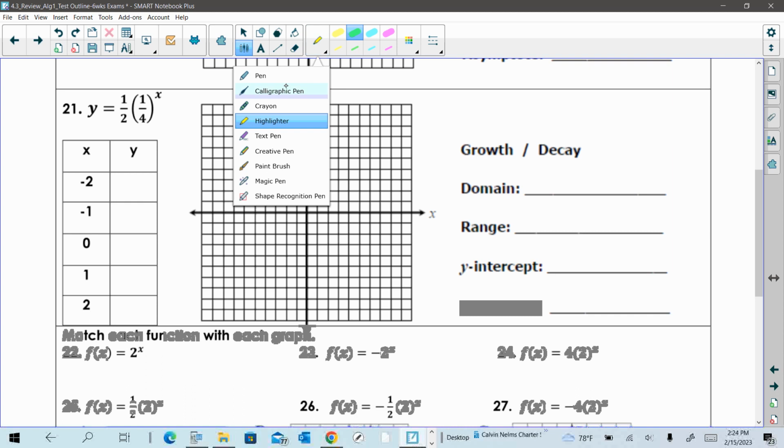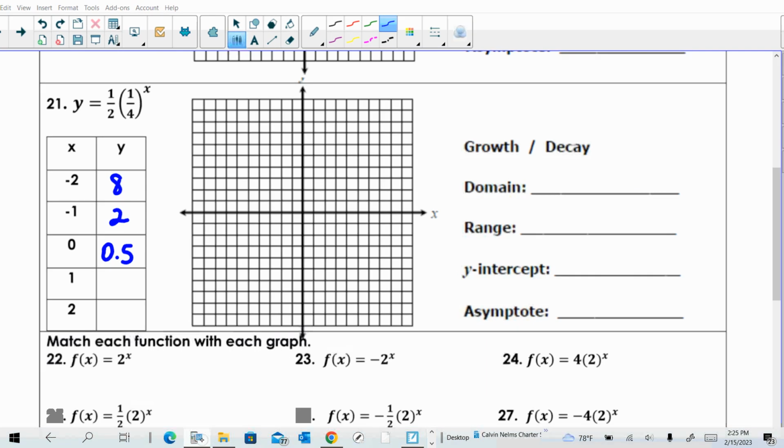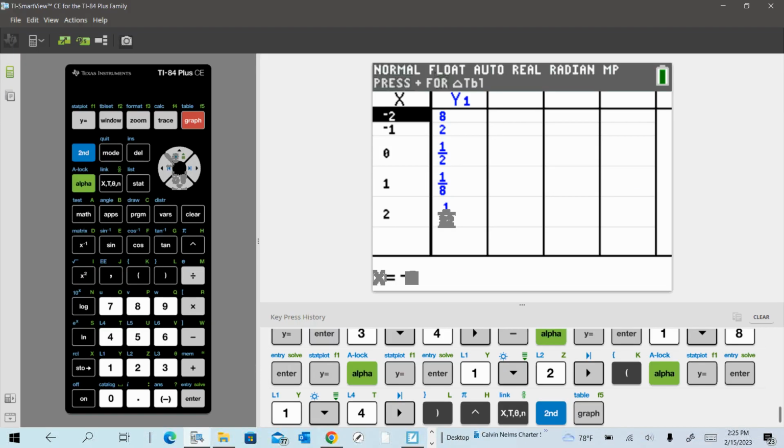So we're going to have 8, 0.2, 0.5, was it 1/16th, I think? I'm going to double check. 1/8, and then 1/32. All right.